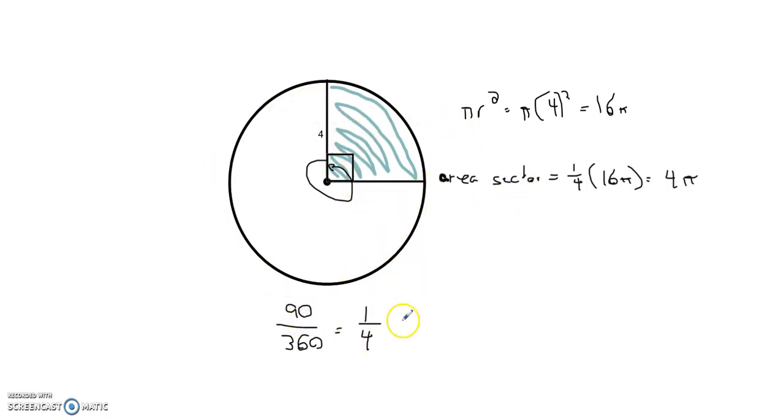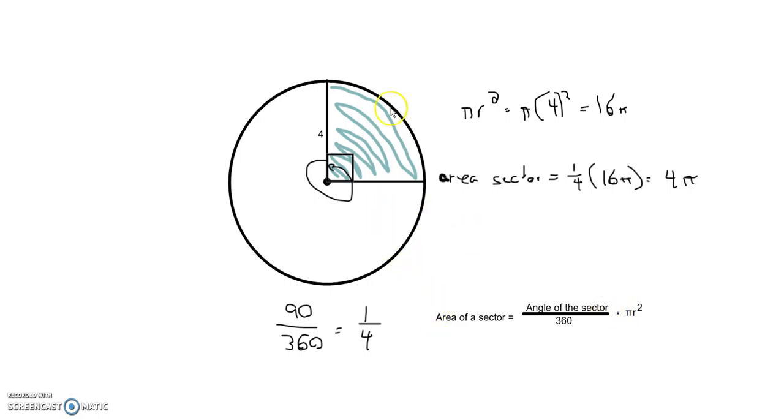So if we put this into an actual formula, the area of a sector is equal to the angle of that specific sector over 360 times pi r squared, or again, just the area of the total circle.